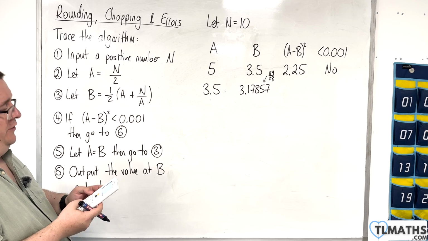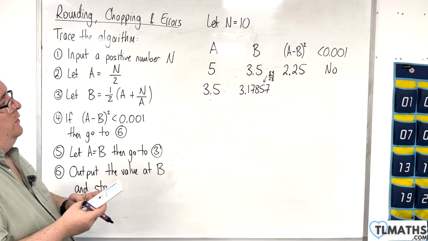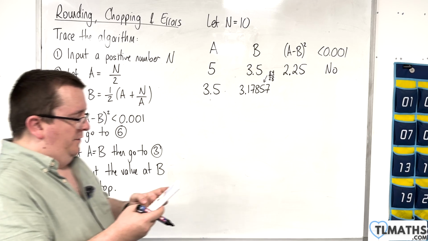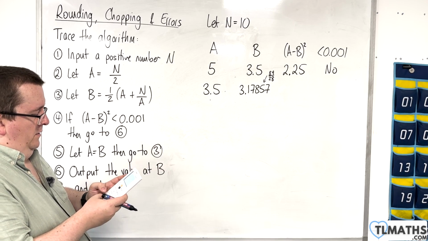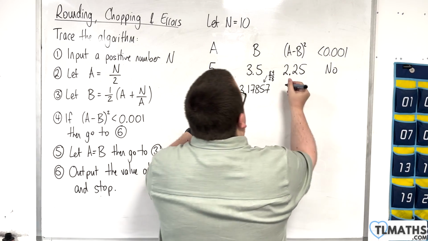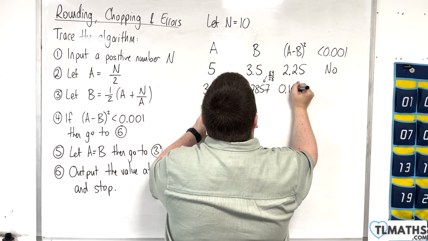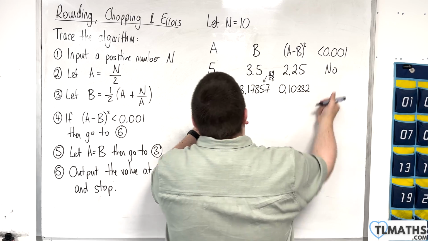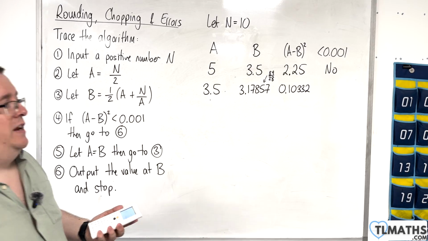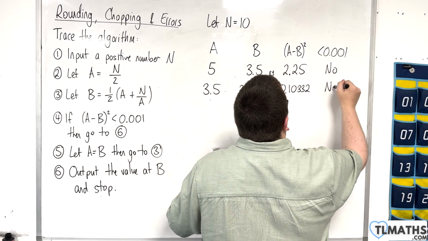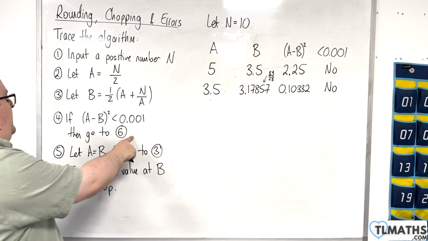Right, then I'm going to do a take away b squared. So 3.5 take away, now I'm going to use the exact value for this, 89 over 28 all squared, and we're getting 0.10332, to 5 decimal places, which isn't less than 0.001, so no. So I've got to that stage again.